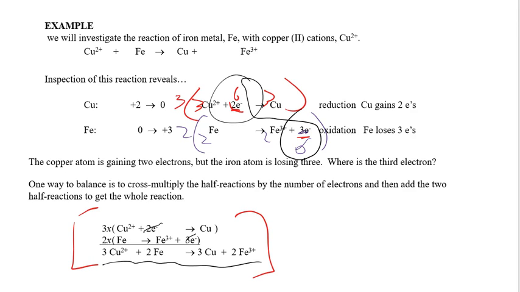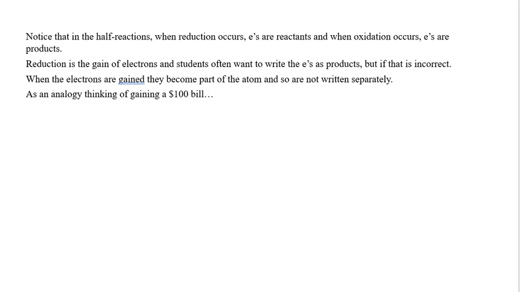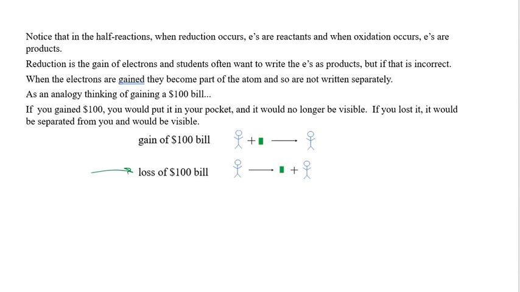Okay, and that should make sense to you, but the problem that a lot of students have is figuring out where these electrons go, which is a loss, which is a gain. I just have a quick analogy for you of a guy gaining a $100 bill. Okay, to gain a $100 bill, the $100 bill wouldn't show up as a product.